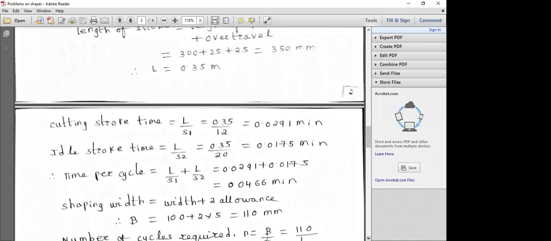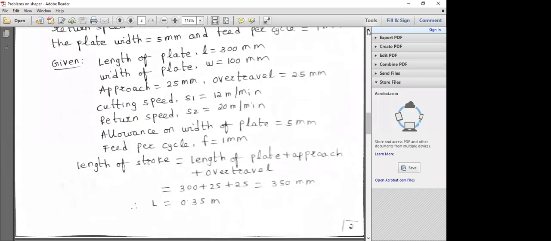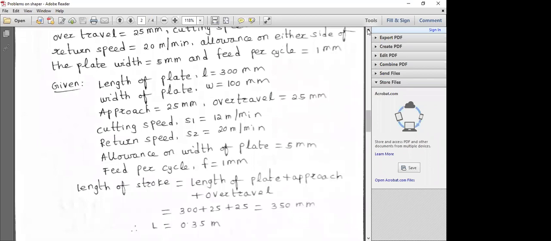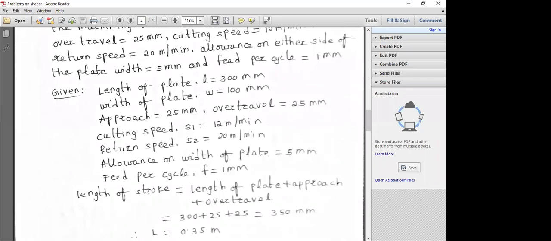So what is shaping width? Shaping width is given by capital B. Shaping width is given by width plus twice into allowance. Why have we written twice allowance here? Try to see in the problem what he has given. Allowance has to be on either side of the plate, either side of the cast iron plate.